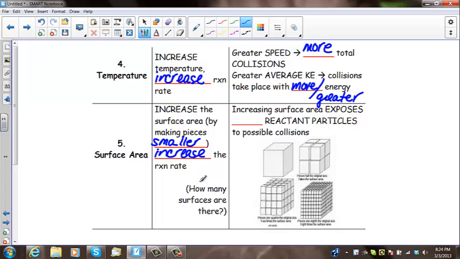Because it has more surface area. That means that the solvent has more contact with the solute surface. Whereas a cube of sugar, it has to work its way in. It's got to remove the outer layers before it can get to the inside. So increasing surface area exposes more reactant particles to possible collisions.